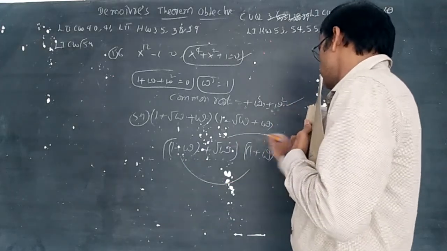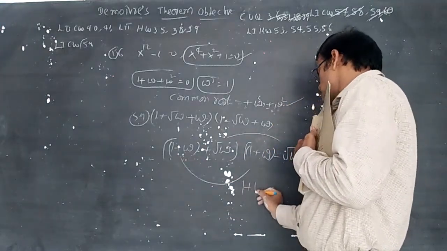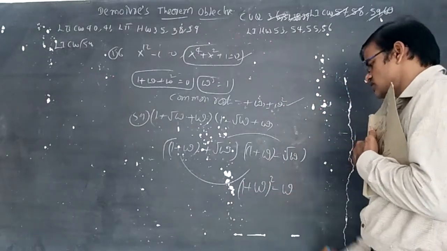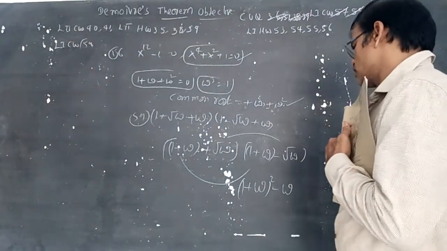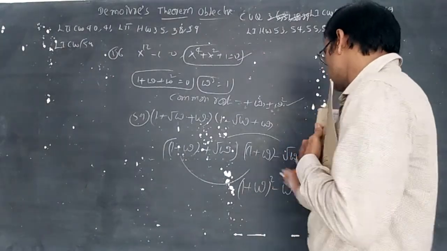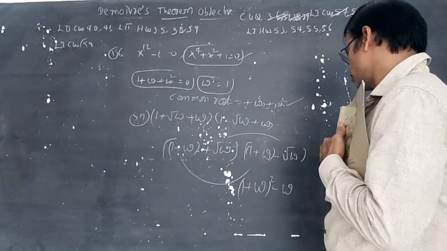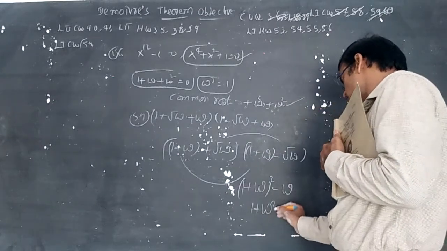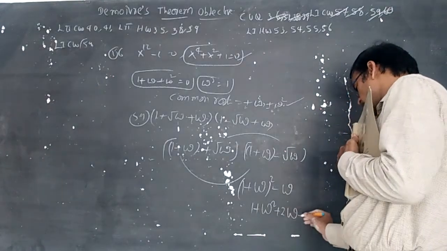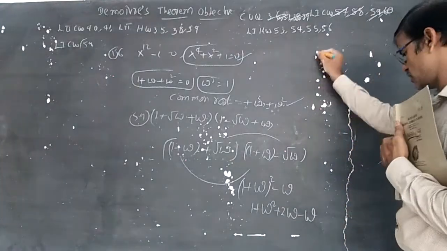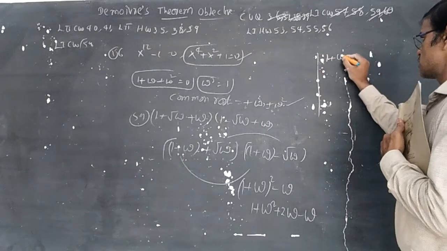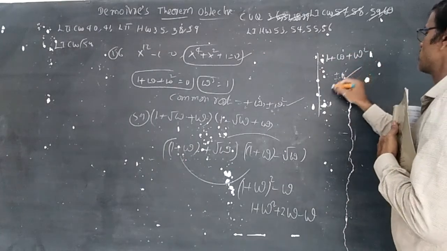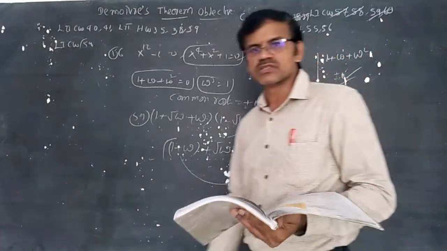A plus b into a minus b concept, a square minus b square. 1 plus omega whole square minus, this is omega, root omega into root omega, omega. 1 plus omega whole square becomes 1 plus omega square plus 2 omega minus omega. So what is happening here? 1 plus simply 2 omega minus omega becomes omega. So 1 plus omega plus omega square becomes 0.